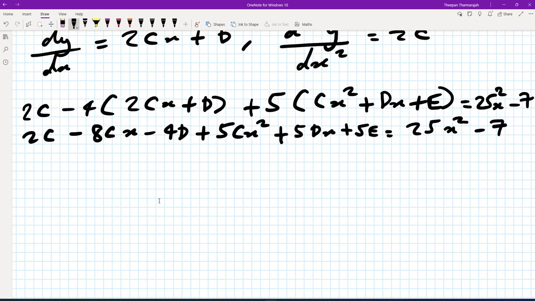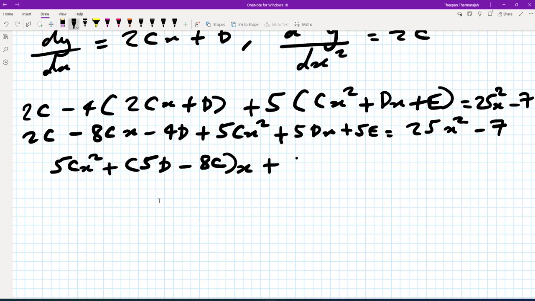So as we did in the previous example, we're going to collect the like terms. So I've got 5cx squared. Now let's get the x terms together. So it's plus 5d minus 8c. There's no other coefficient of x there. Now we've got to get the constant terms, so that's plus 2c minus 4d plus 5e.